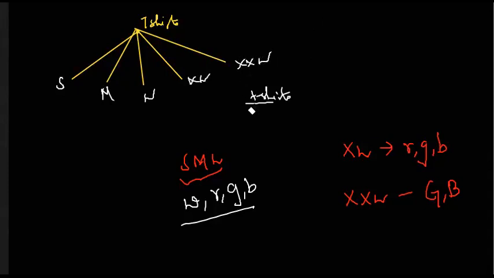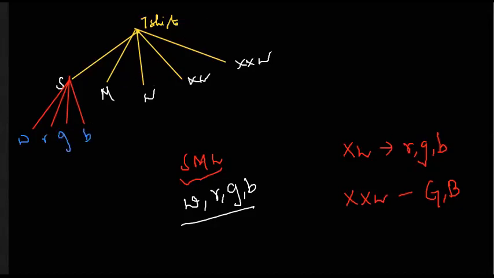Now with respect to each of them, how many colors are we supposed to have? We will draw those. With respect to S, we have 4 colors. These are the 4 colors with respect to S: white, red, green and blue.